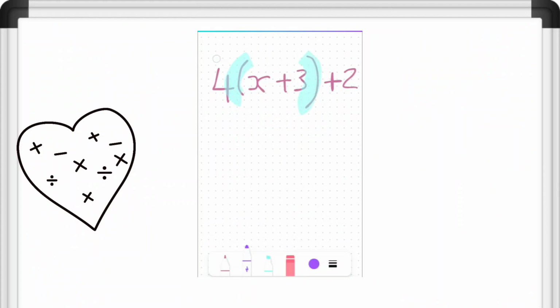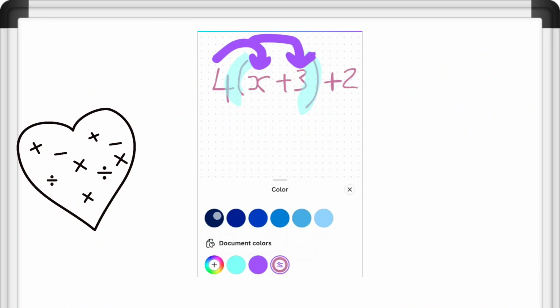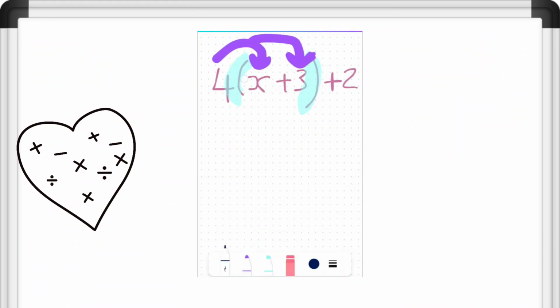Everything in front of a bracket has to multiply with everything inside. So if I go and I rewrite this, I'm going to have 4 times x. It multiplies with an invisible 1 in the front. 4 times 1 is just 4x plus 4 times 3. That gives me 12. And now I've removed the brackets because I multiplied in. So I just add the 2.